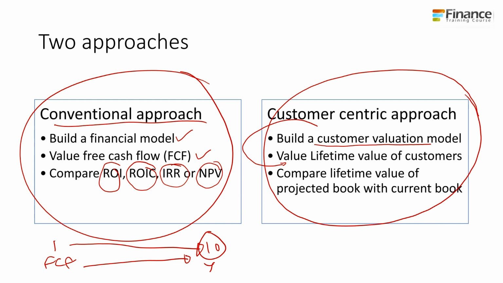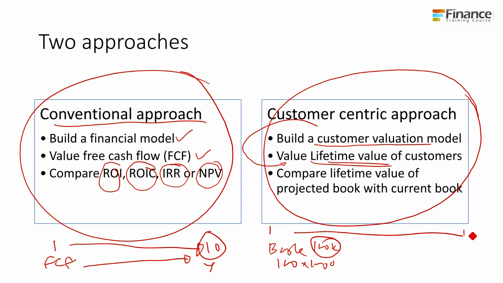A customer-centric approach uses a very similar model, but rather than looking at free cash flows, it says, here's the lifetime value of my customers, and here's my current book of customers. So let's say I have 100 customers right now, and let's say my lifetime value is about 1,000. So this venture should ideally be worth 100 times 1,000, so about $100,000.